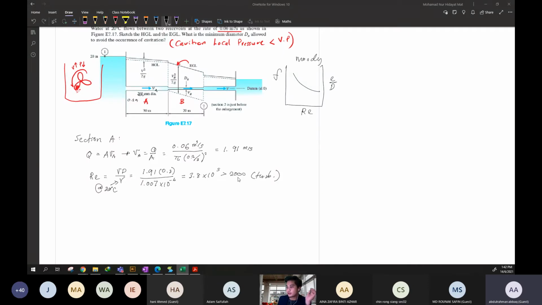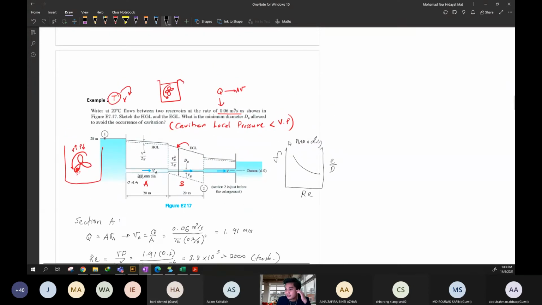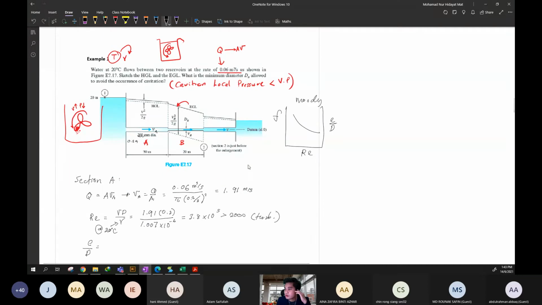Once you get the Reynolds number, next you need to find the relative roughness, E over D. Is the type of material given?